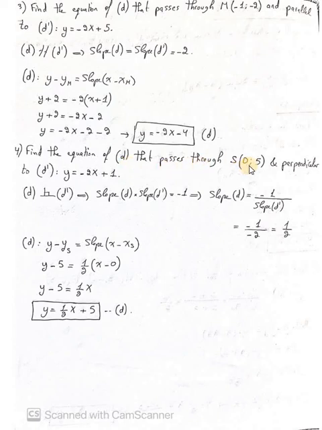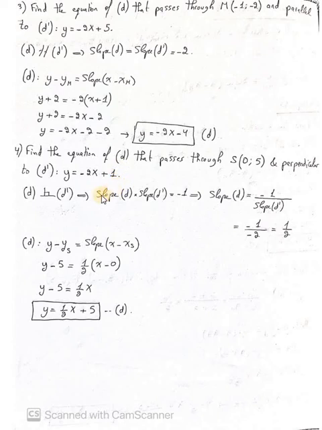Now I have a point on that straight line, I don't have its slope, but I have a given that this line is perpendicular to another line of name D prime of equation y equals minus 2x plus 1. From this equation I know the slope of D prime, but it doesn't mean that I have the slope of D, since these two are not parallel, they are perpendicular.